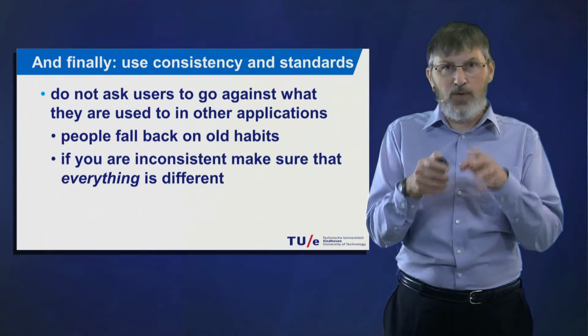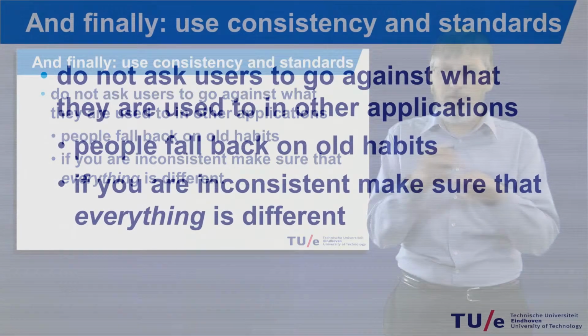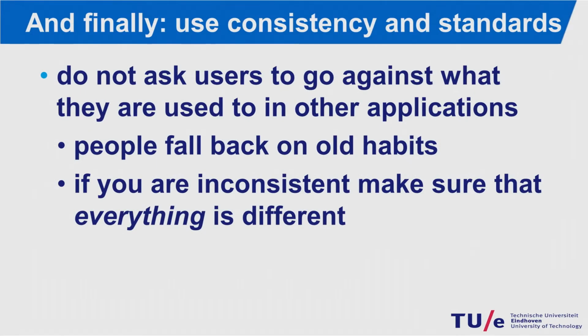Now, if you want to be inconsistent, you have to make sure that nothing is similar to what was known by the user before. This is important advice for your final assignment. You are going to design a thermostat. People in the Western world are used to how thermostats typically work.